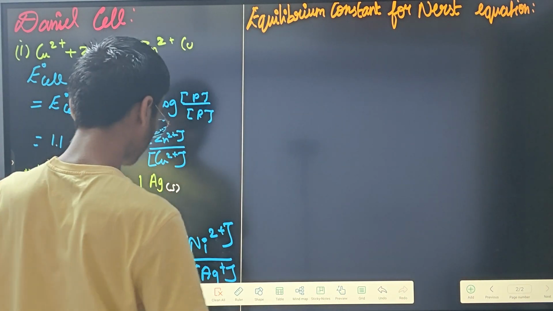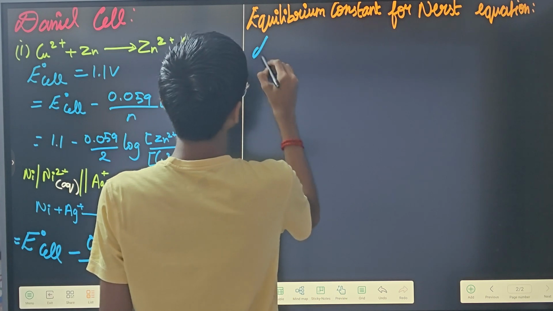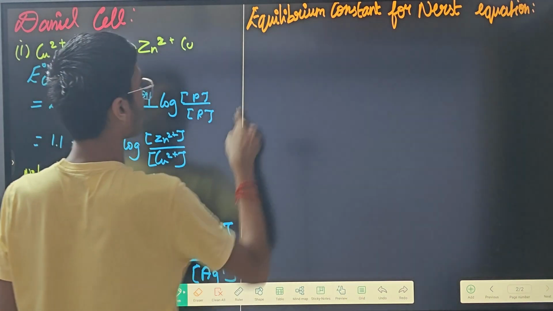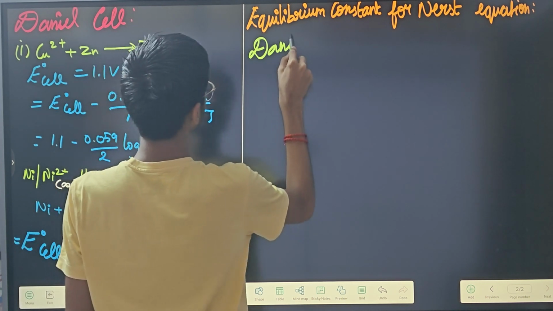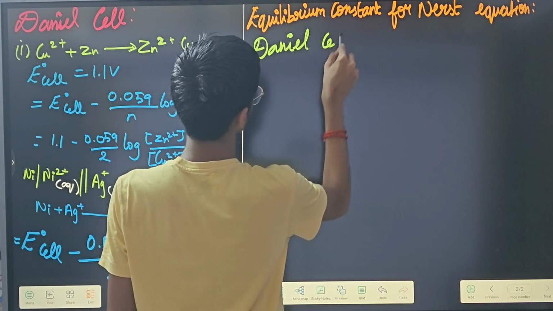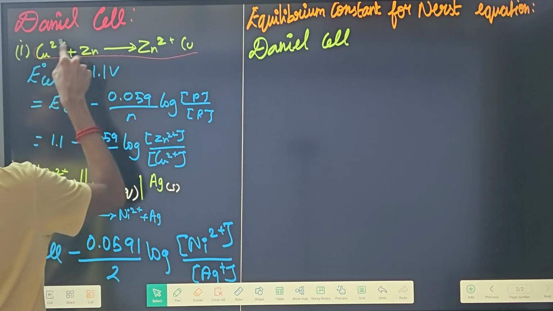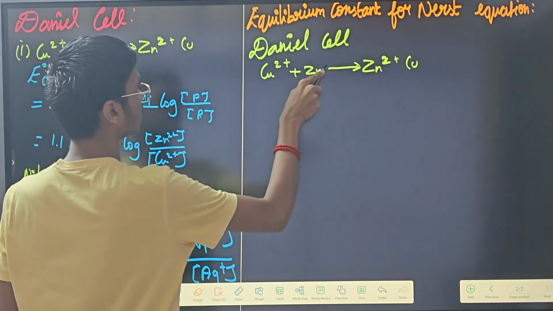I'm going to do it with an example where I take the Daniel cell. Whenever you hear the word Daniel cell, you have to fix in your brain what the equation is going to be. It's going to be the same equation, as I said, which will be repeated millions of times.